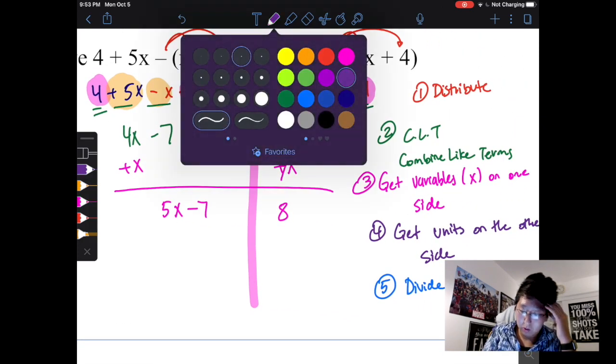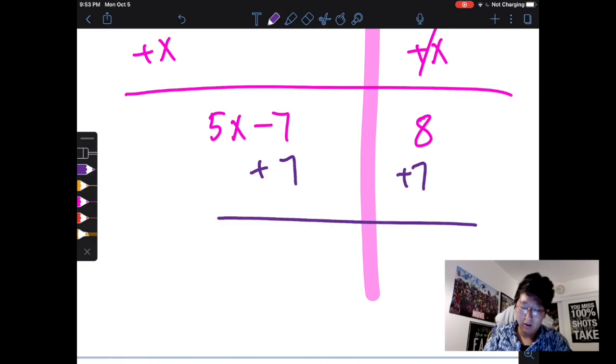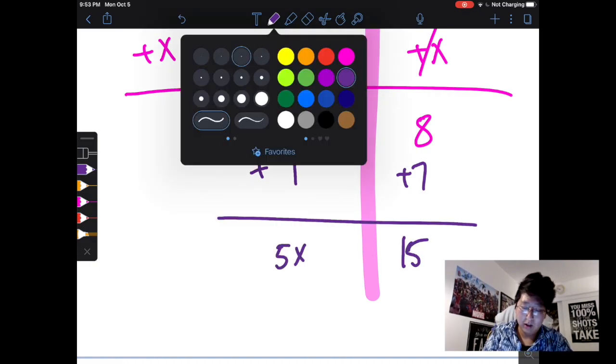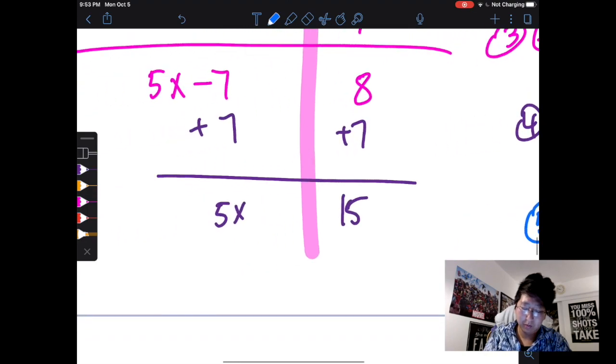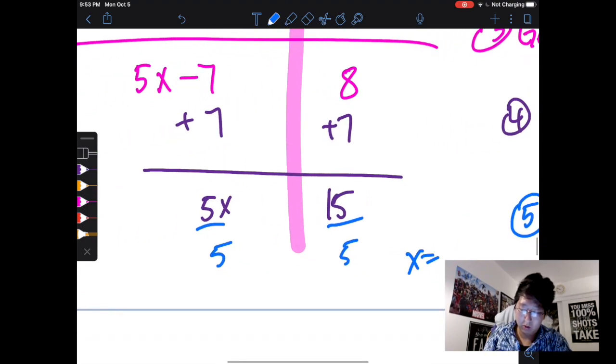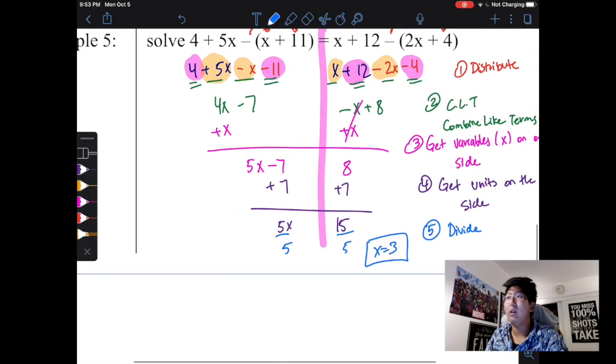Now let's get the units on the other side of x. Plus 7, plus 7. 5x equals 15. Last step here, we're almost there. We're going to divide both sides by 5, and x equals 3. And that's our final answer.